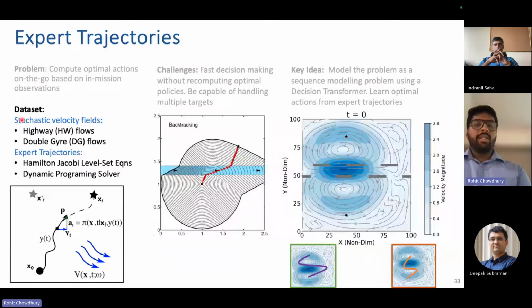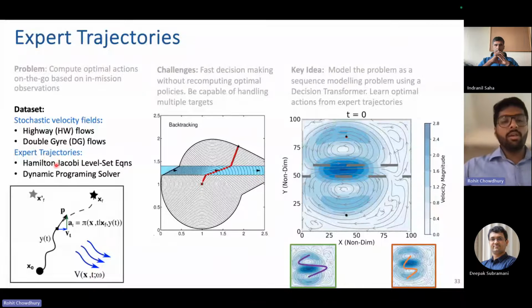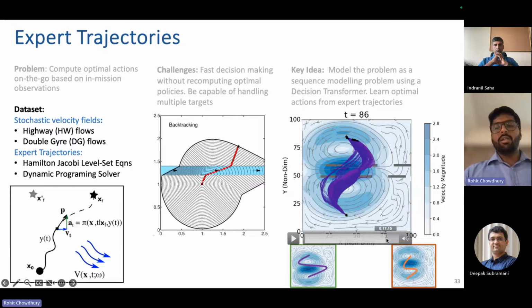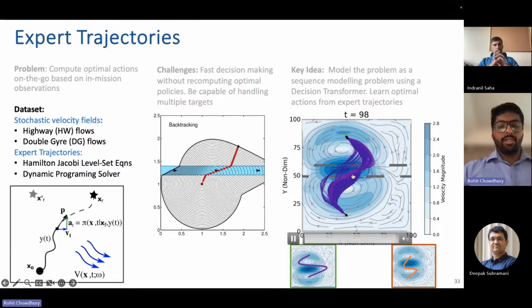As far as expert trajectories are concerned, the expert trajectories used to train the model come from either the Hamilton-Jacobi level set solver that I had talked about earlier, or from our dynamic programming solver itself. So we can have paths from our dynamic programming solver and use these paths to train the model as well.